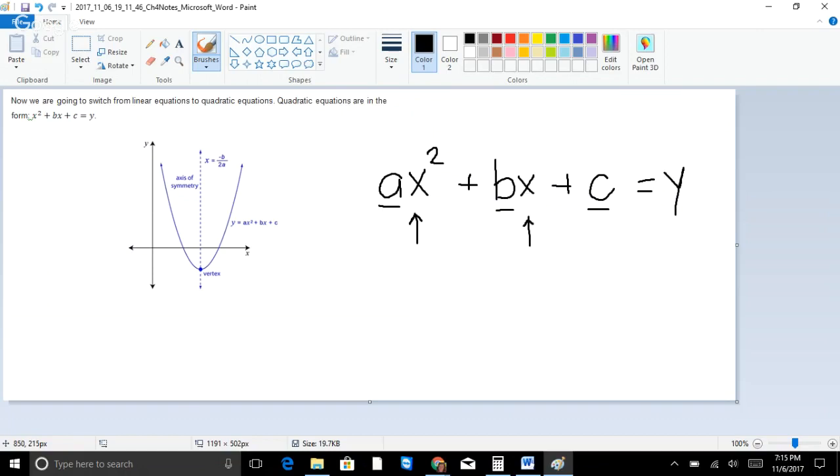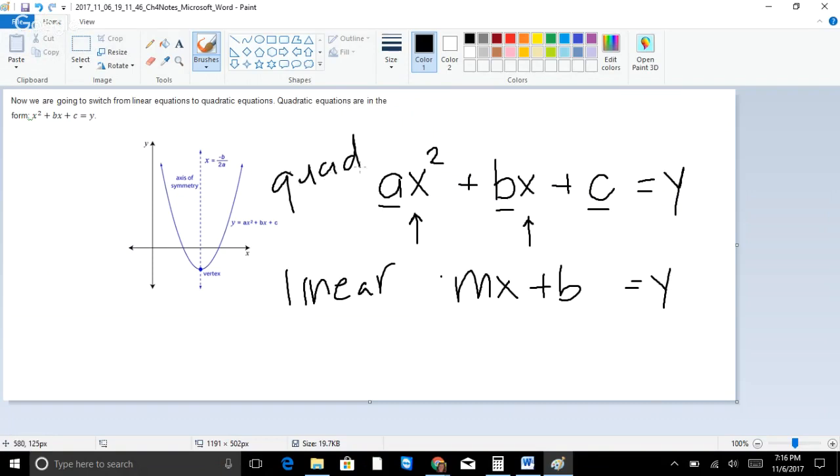So what you notice when you see this quadratic equation, the difference between our linear equation that we did a ton of work on, which if you remember is y equals mx plus b. The difference between a linear and a quadratic is this x squared term. That's what makes it different.